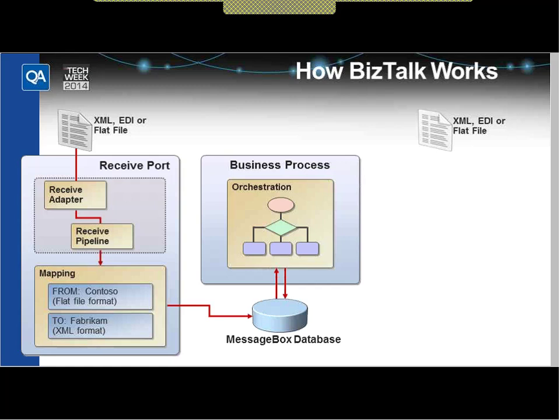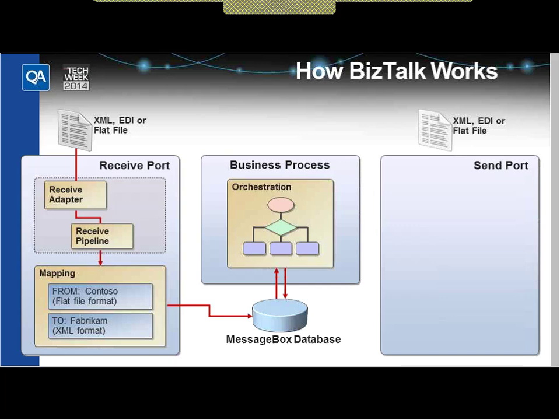The third and last part of BizTalk we need to talk about is the outbound side. At the minute we can receive messages, but nothing ever gets sent out. And on the outbound side, we have a thing called a send port. That, at least at the level of detail of this slide, is basically a mirror image of the receive side.